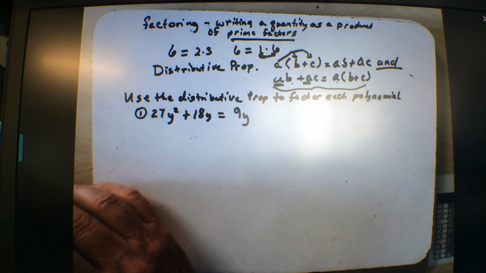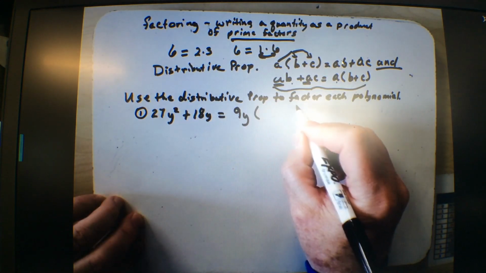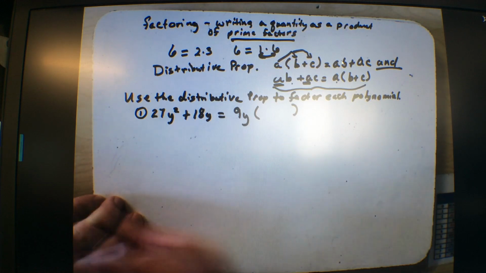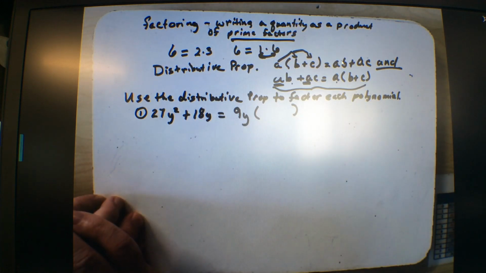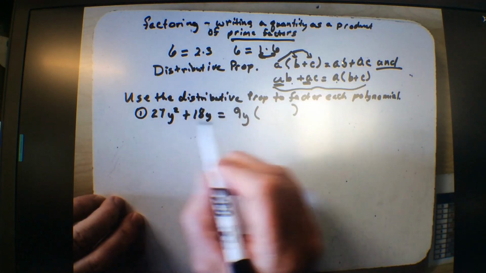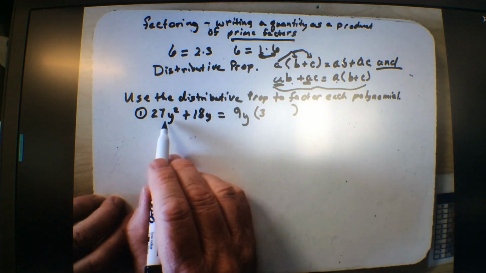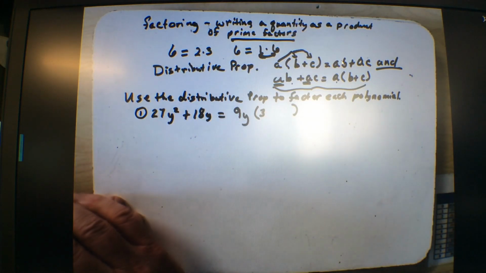So I'm going to take that out of the quantity, and I'm going to put in the quantity what is left when I take this out. When I say I take that out, I mean I divide by it. So 27 divided by 9 is what, Chuck? 3. That's what's left there. And y squared divided by y is what?